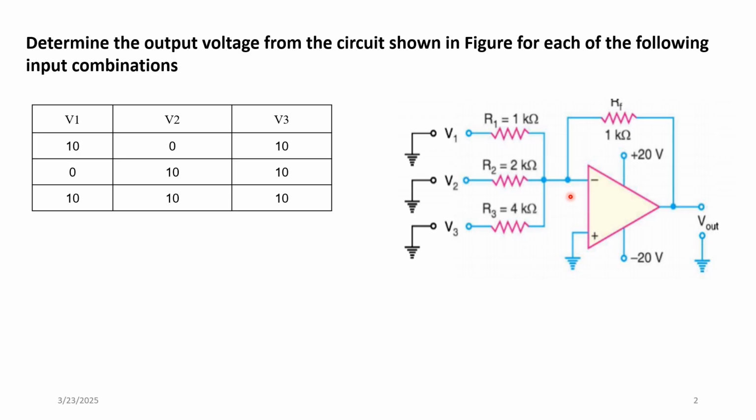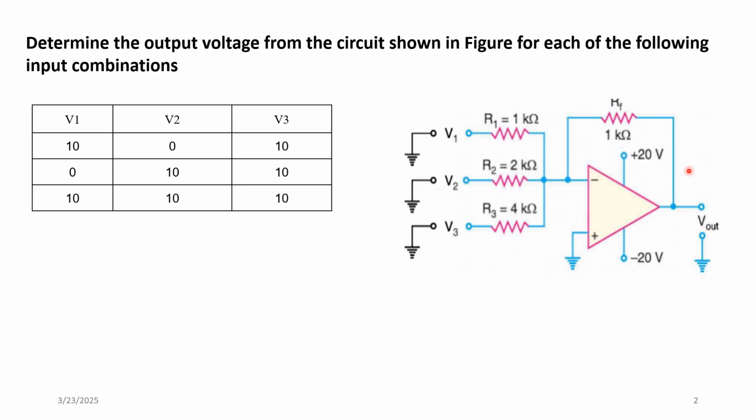So in this case, we are considering the circuit diagram of the inverting summing amplifier, and we are going to find the output voltage for the given values of V1, V2, V3. There are 3 sets of readings given, and we are going to find the output for each case.